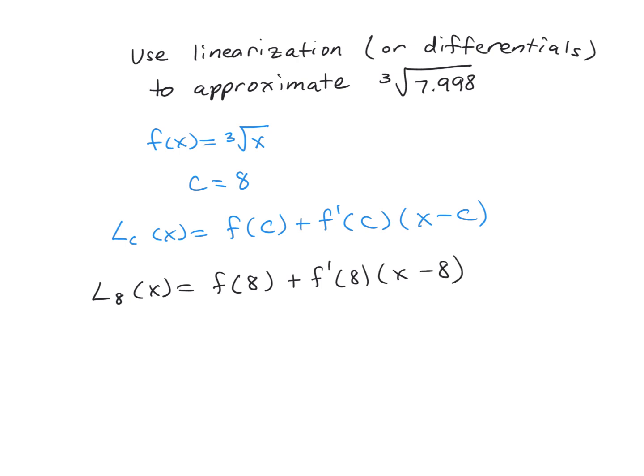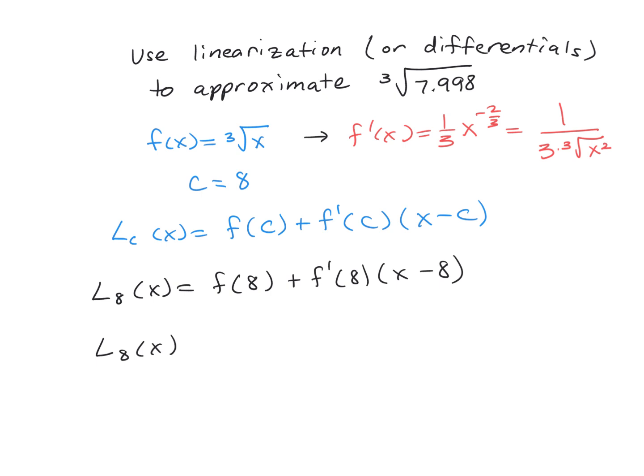And so while we're at it, we might as well go ahead and find our derivative. So our f prime of x is going to be 1/3 x to the negative 2/3, which is really 1 over 3 times the cube root of x squared.